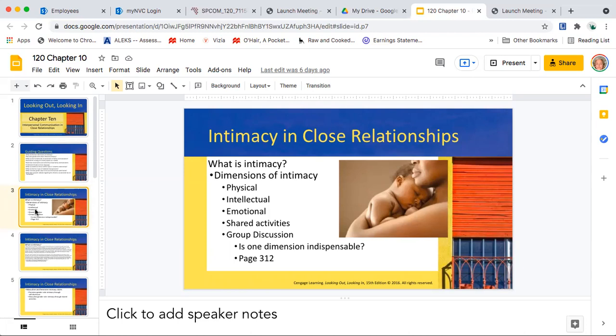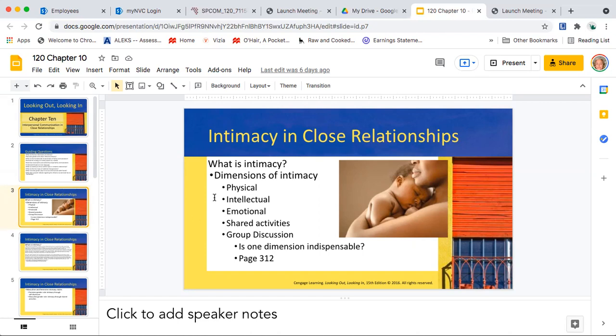So let's look on 312. And that's exactly what the discussion is on 312, all the different levels of intimacy. And when you dive deeper into it, I think it's interesting to explore what dimension of intimacy you think is absolutely necessary or indispensable.